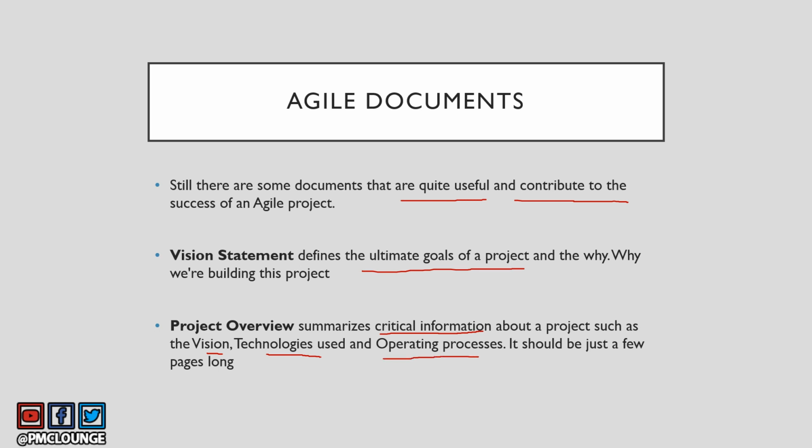So it should just be a few pages long. It should not go on and on, and it should not be a 20-page long document. It could include the vision, the technologies that you're using, and any operating process that you want to document. So that is a project overview document.